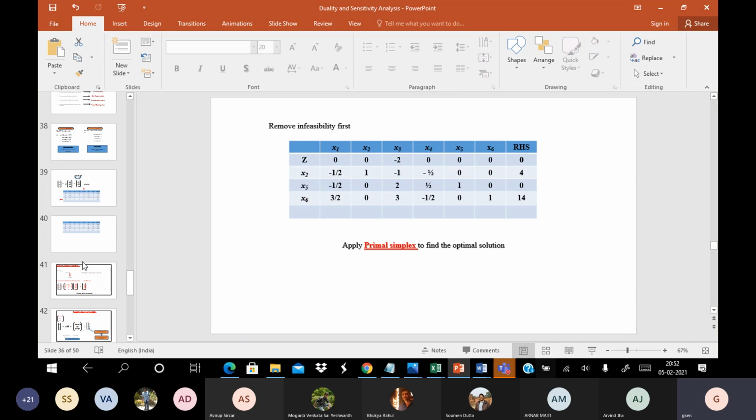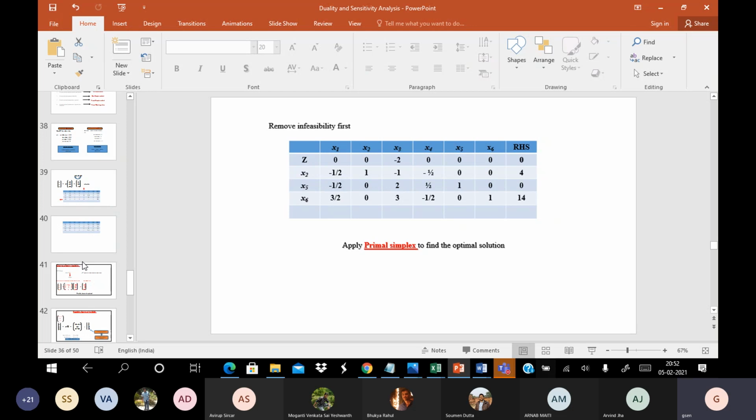The dual simplex basically stands on the idea that the complementary solutions will be infeasible. So if one solution is feasible, the complementary solution is infeasible, and they will be feasible only at the optimal level, when both of them would be optimal and feasible. Okay, fine.